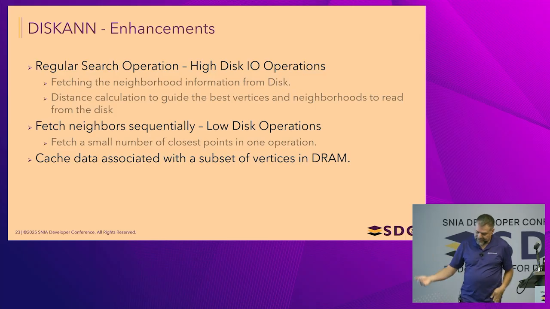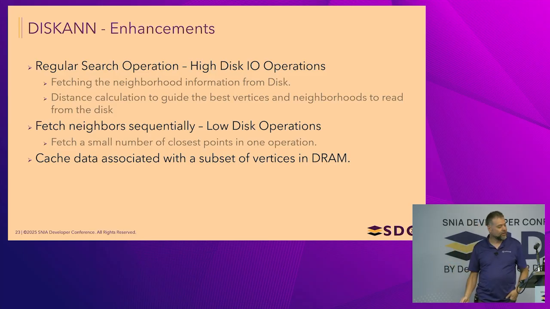Just reiterating what I've talked about already, right? Regular search operations are high disk I/O, so not good for your performance. With DiskANN, we fetch neighbors sequentially, so low disk operations. So we go and we cache data in DRAM.